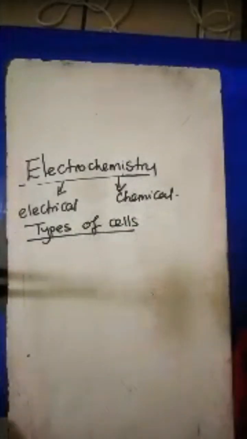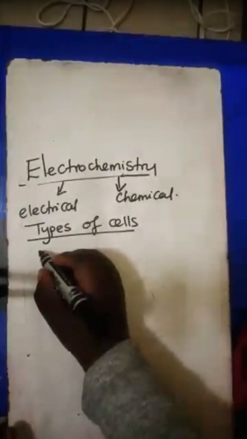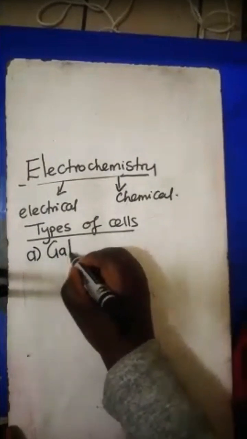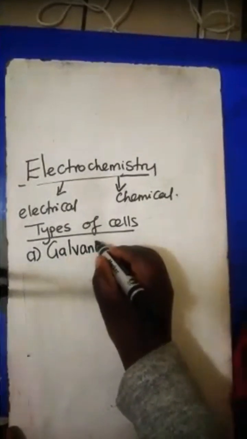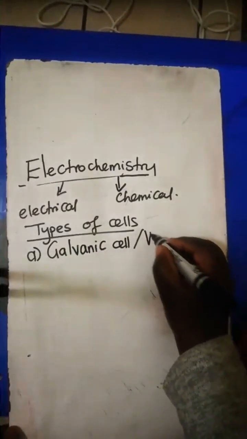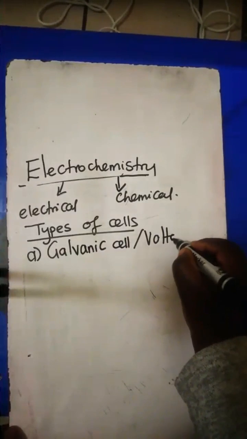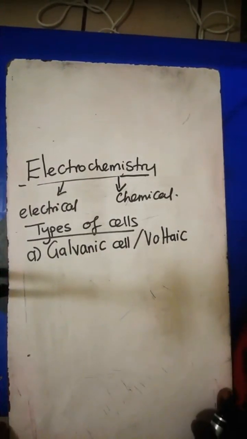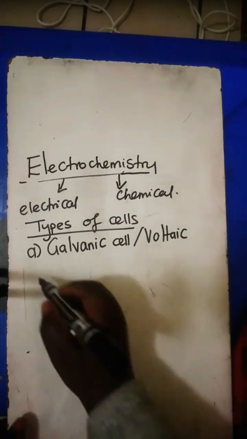One of the cells converts electrical to chemical, and another one converts chemical to electrical. So the first type is called a galvanic cell, or we call it a voltaic cell.